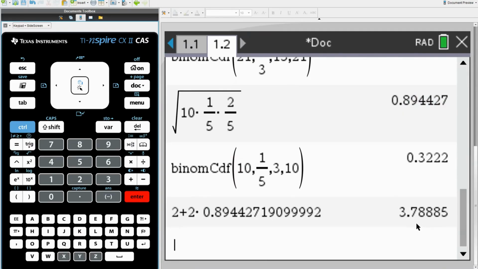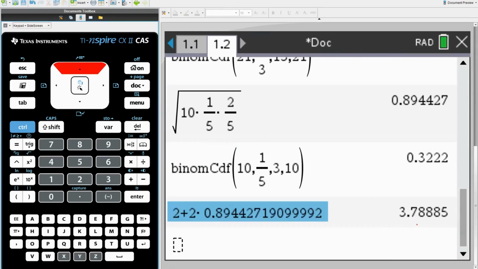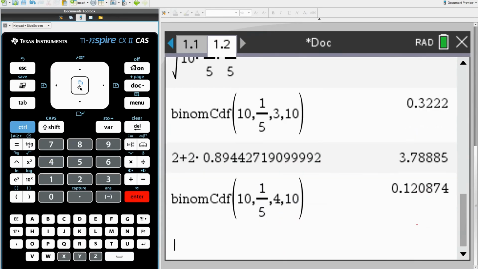Okay, so this is going to be bigger than 3.7889, which means this number is going to be not from 3 to 10, but 4 to 10. So I'm just going to change this to 4. And that drops it down to about 12%.